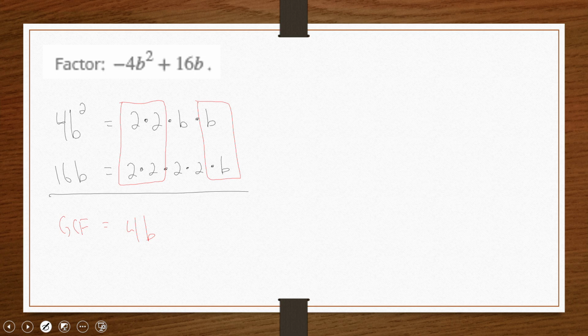Now in this instance, like I said, the negative sign is irrelevant for this first process. I want to rewrite each of these terms, though, as the product of the GCF and the remaining factors. Since this first term is already negative, I'm going to include the negative sign out front, but not necessarily as part of my GCF. So negative 4b, the remaining factor is just b.